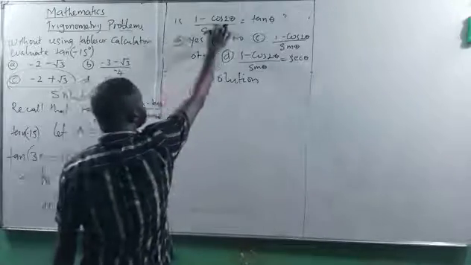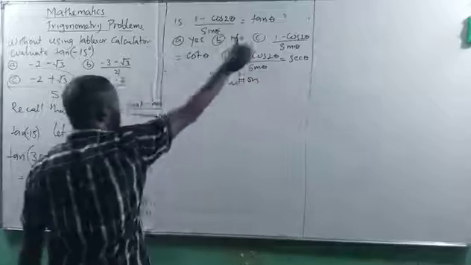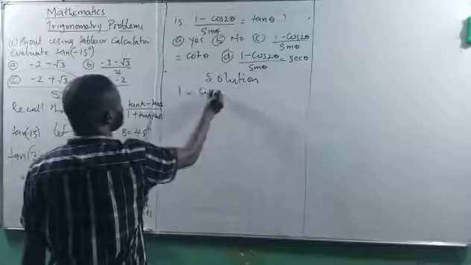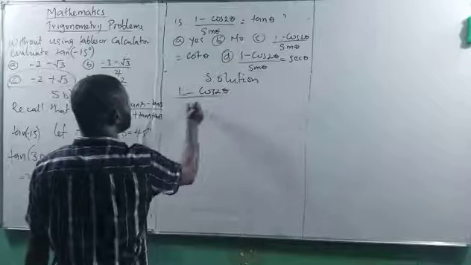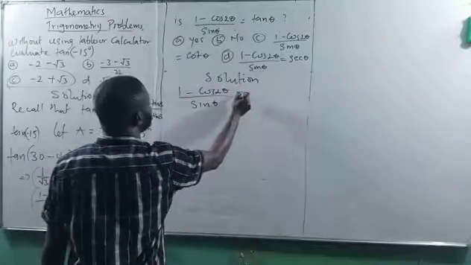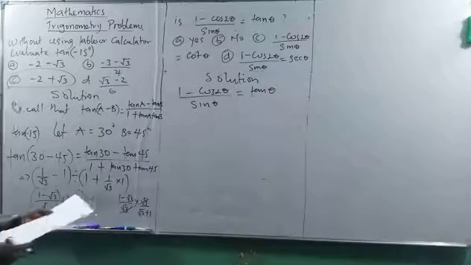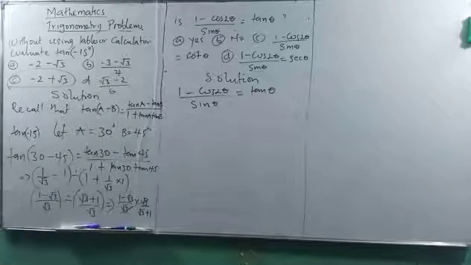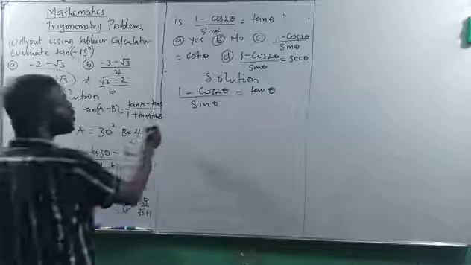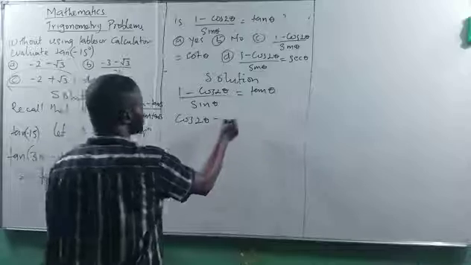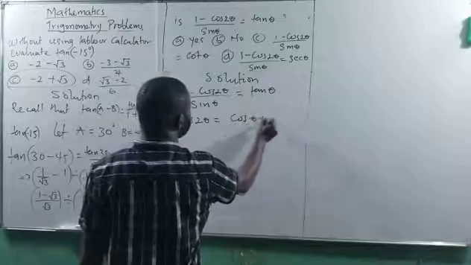Now, is this equal to this? Yes, no. What I just need to do: 1 plus cos 2 theta divided by sine 2 theta equals to what? I want to know if it's true or not. Anytime you have something like this, don't forget that cos 2 theta can be written as cos of theta plus theta.